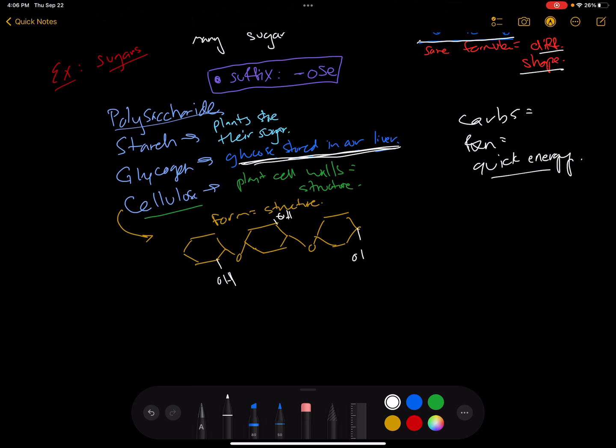There's a few more things to it, but these hydroxyl groups are on opposite sides. Every other glucose monomer, they're on opposite sides. We don't have an enzyme that can break those bonds up because it alternates. That's why we can't digest it.